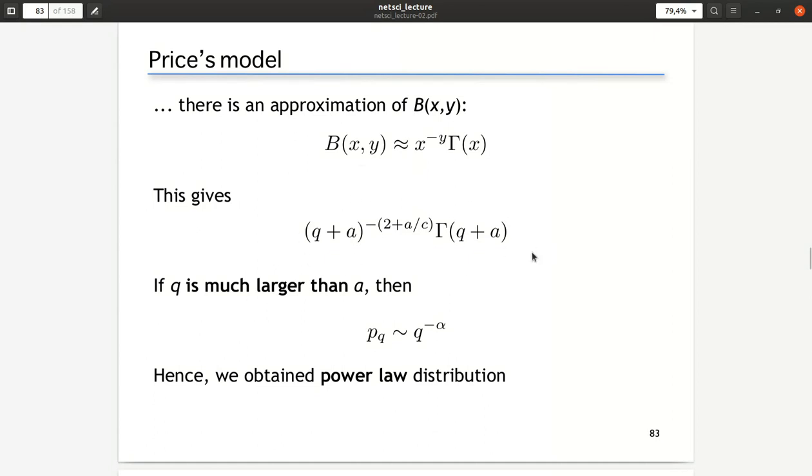And it turns out that if q is much larger than a, then p_q is basically big-O of q to the power of minus alpha, and this alpha is of course related to this expression here. So having said all these, the conclusion is that we get a power law degree distribution function.